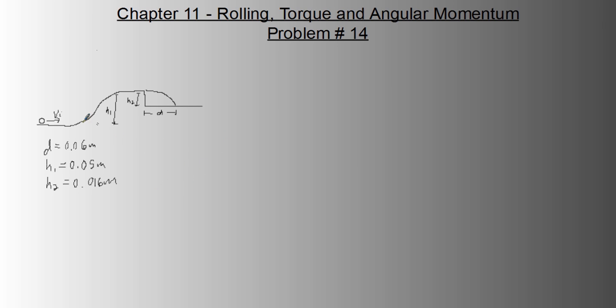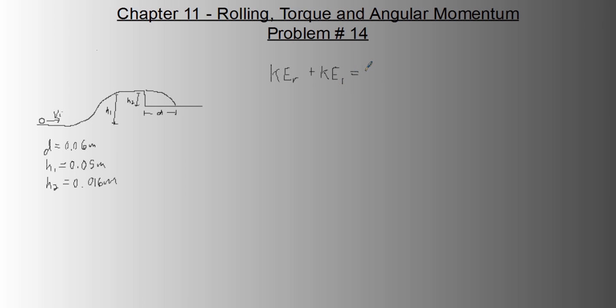Alright, so first off, the speed of the ball is going to decrease on the way up. It has to, because the kinetic energy is turning into gravitational potential. So we're going to have KE rolling down here plus KE linear, I'll call it. It could be translational as well.